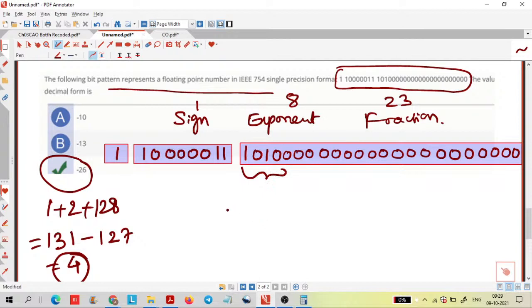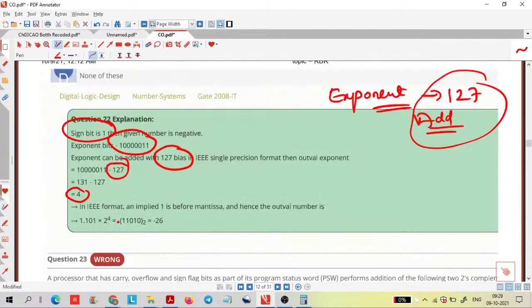So it will come as 1.101 into 2 raised to 4.